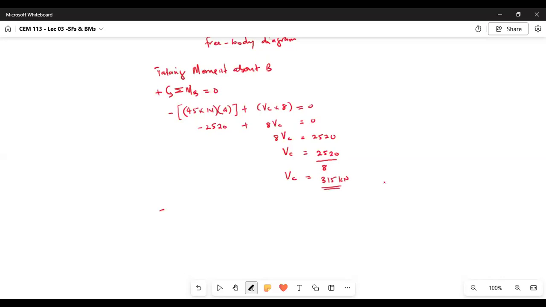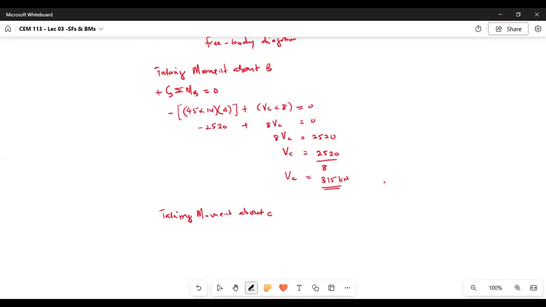Okay, then we go to taking moment about C, okay?